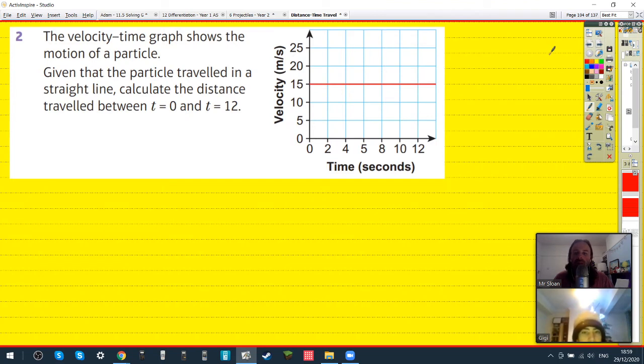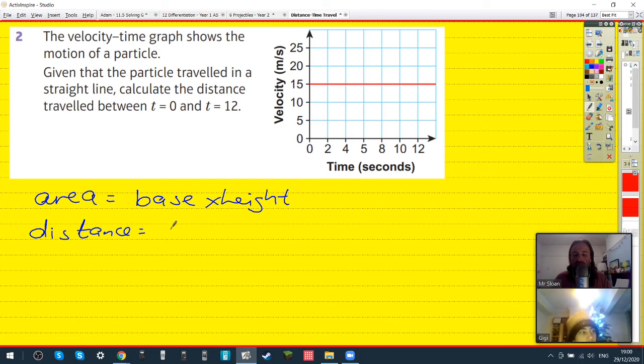I'll give it a quick go. How do you find the area of a rectangle? Forgot. Base times height. How do you find distance?